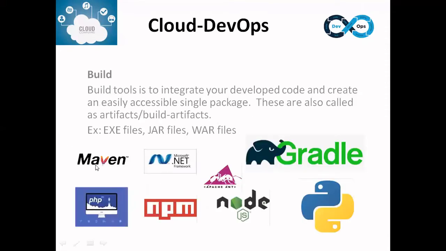If you see the first picture, Maven is the one. This is the tool I was talking about, and there is the Apache Ant picture too. This is the first tool Apache developed to overcome some of the disadvantages in Apache Ant. They came up with Apache Maven, and some of the disadvantages of Maven can be overcome with Apache Gradle.